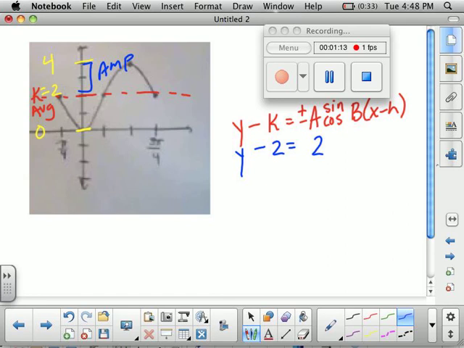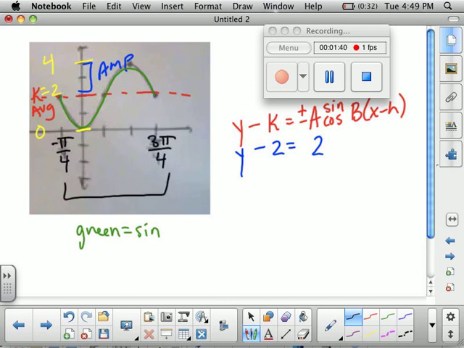Since the way that this is set up, I'm going to trace a sine curve in green and just kind of code that: green equals a sine curve. What we want to look at is to figure out the period. We want to look at the endpoints of where that curve begins and where that curve ends on the x-axis.